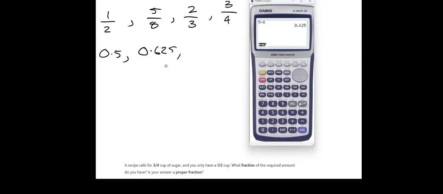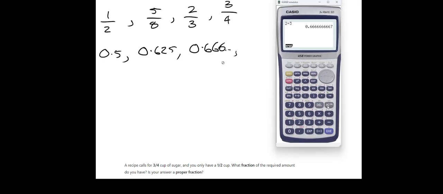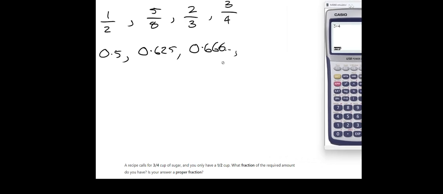Two over 3. 2 divided by 3 is going to give me a horrible number, 0.66666 forever and ever and ever. We're just going to say 0.666. And 3 divided by 4, which you probably should already know, is 0.75, 0.75.